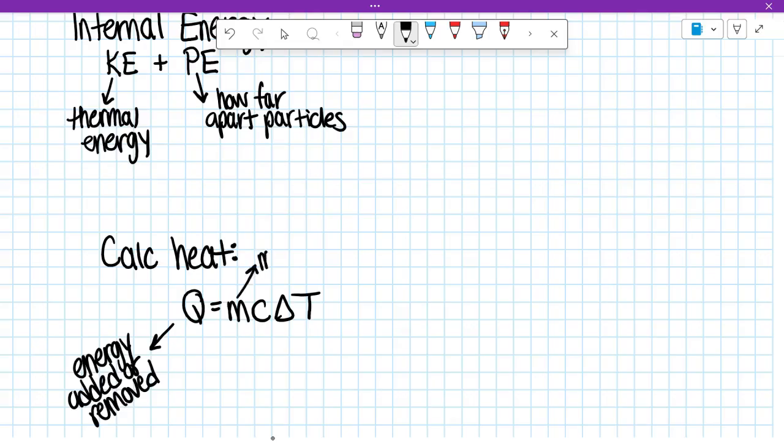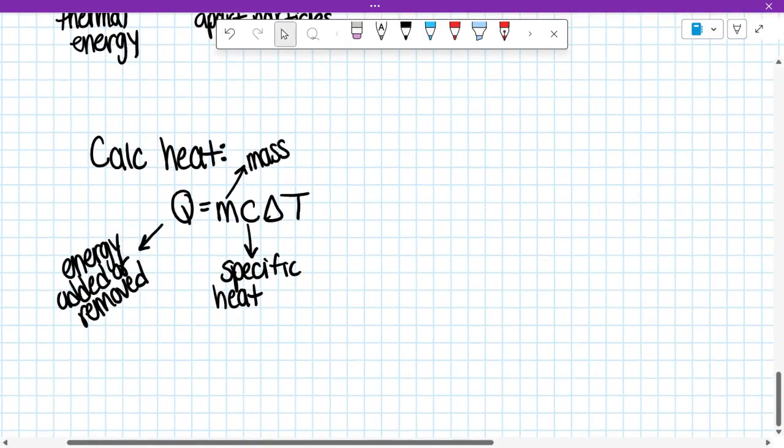The M stands for the mass of the substance. The C stands for the specific heat, which is the amount of energy required to raise 1 gram, 1 degree Celsius, right?